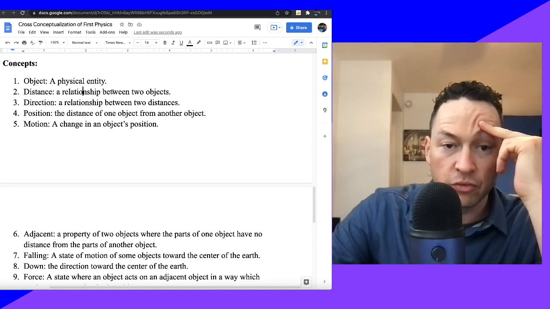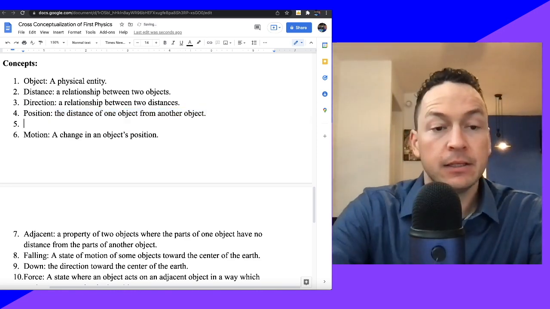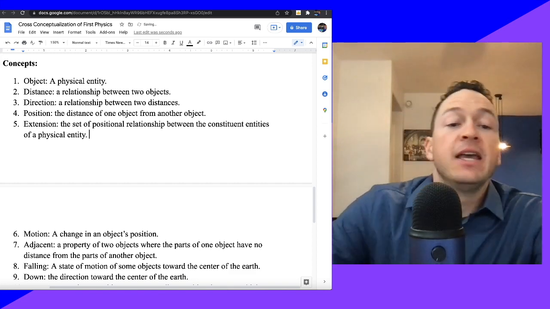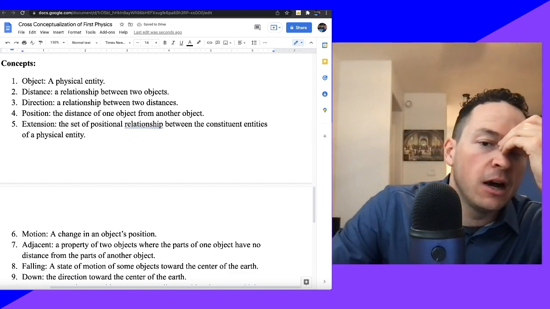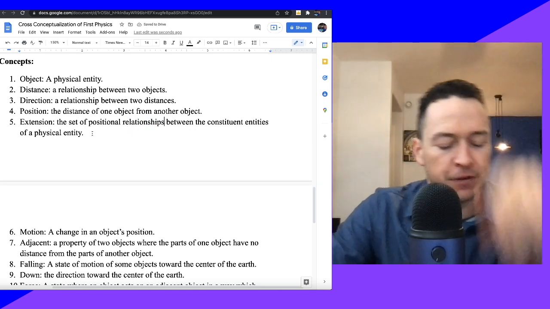Extension is really a kind of, let's see, positional relationship. Okay, extension is the set of positional relationships between the constituent entities of a physical entity.